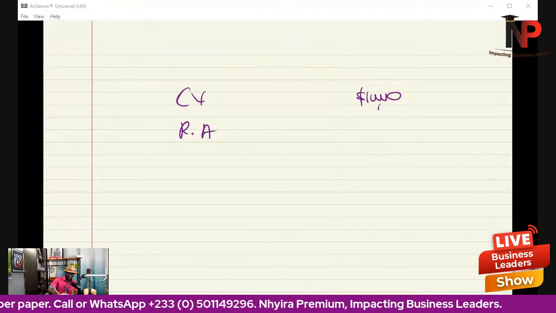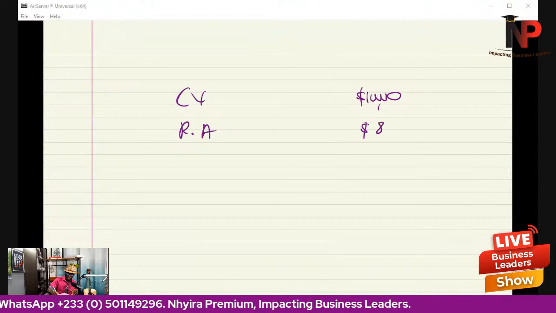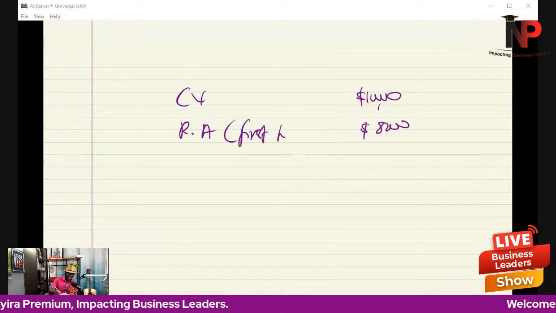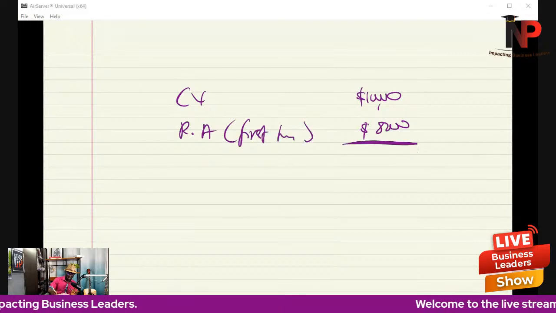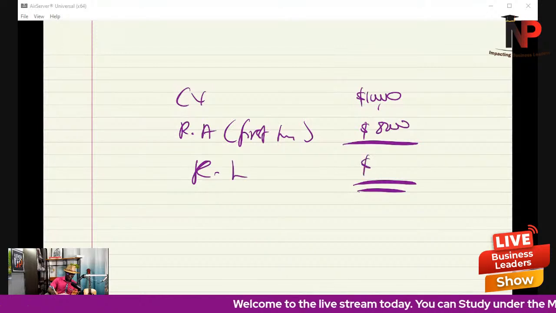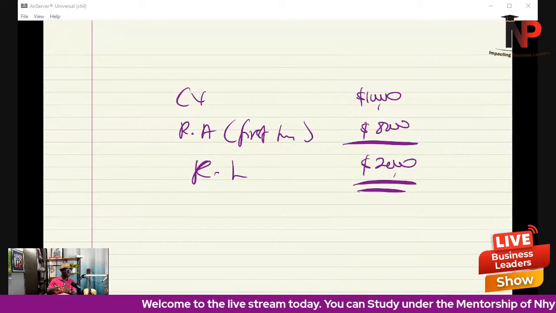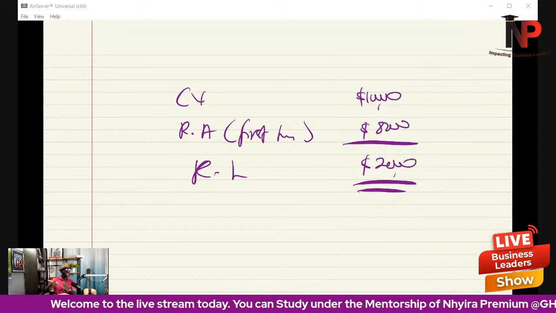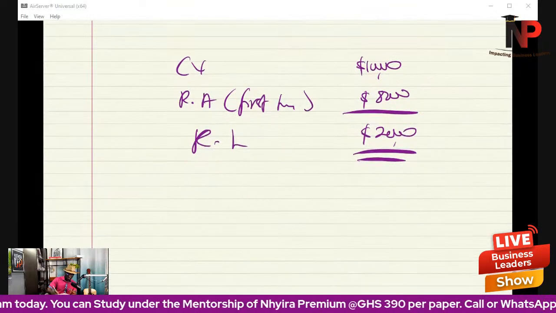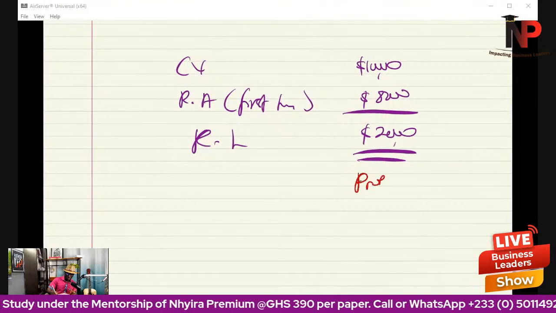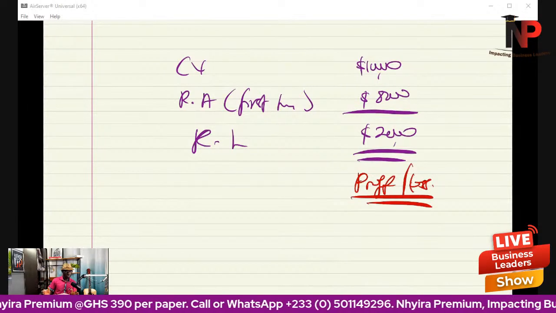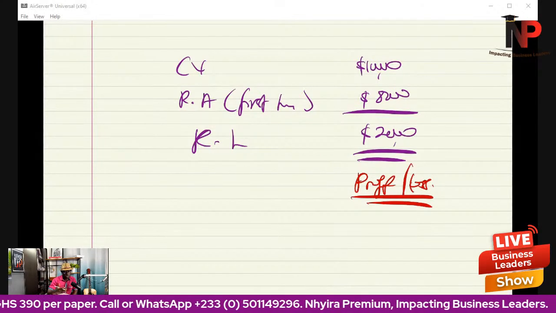The revalued amount is now going to be $8,000. And this is the first time we are revaluing the asset. There's a revaluation loss of $2,000. Because it is the first time we are revaluing the asset, it will be recognized in the profit or loss account, as part of operating expenses, revaluation loss.